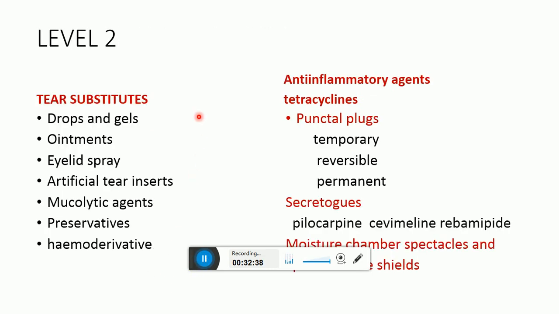Now level 2. The tear substitute should be non-preserved.